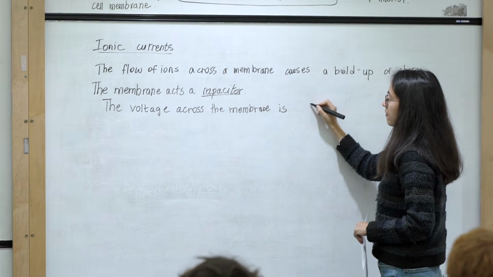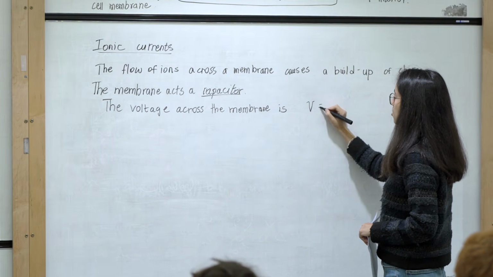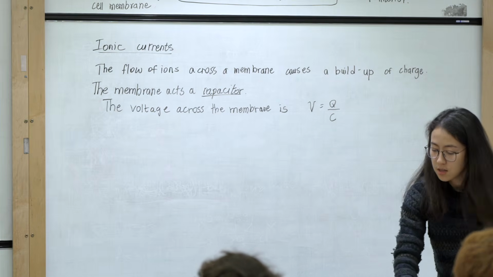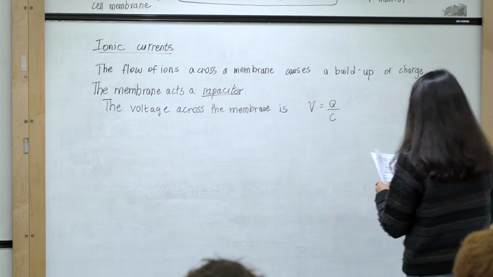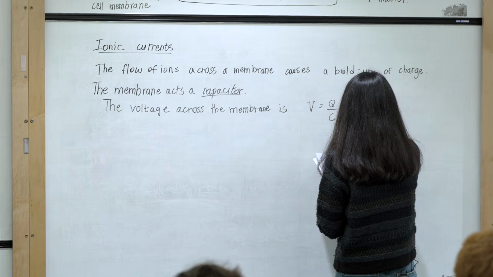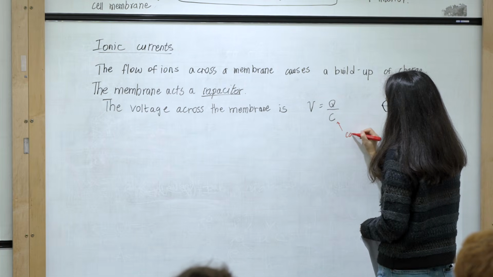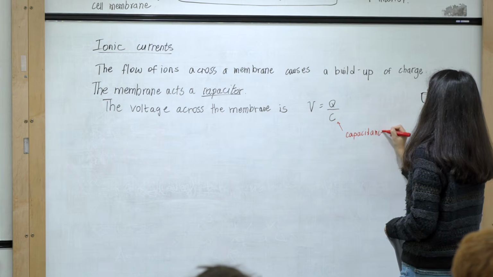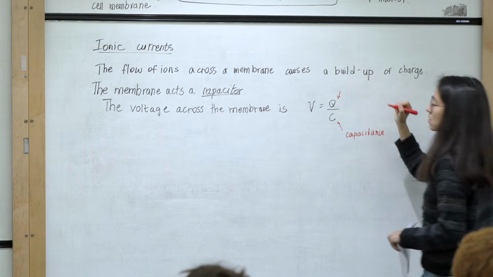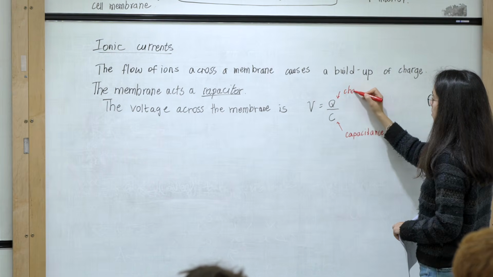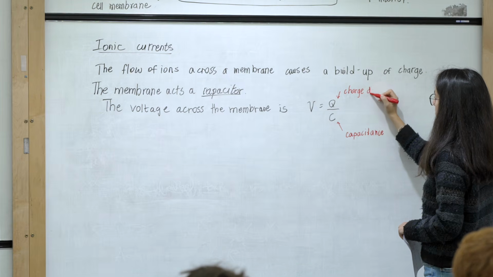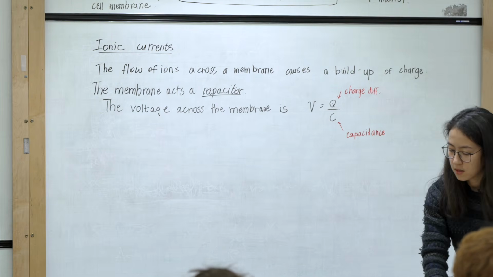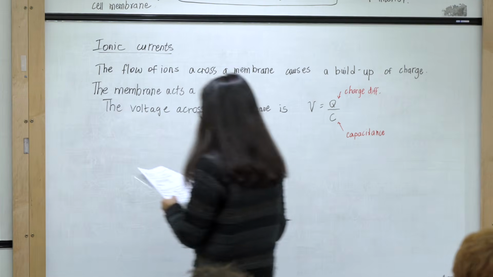And it's going to be given as V, the voltage, is Q over C. So what are these things again? C is known as the capacitance. And this Q that I'm writing here is the charge difference. Okay, so this is the voltage across the membrane.